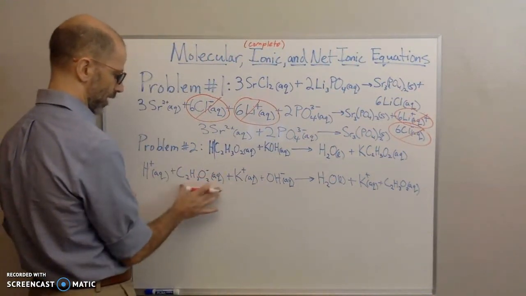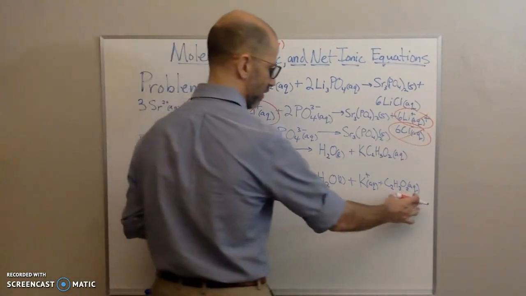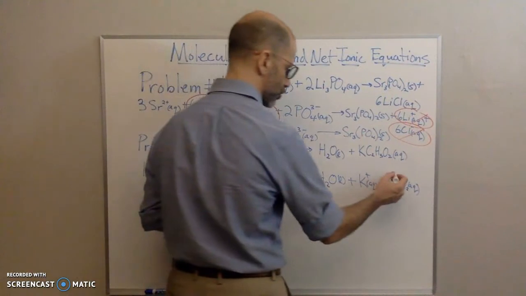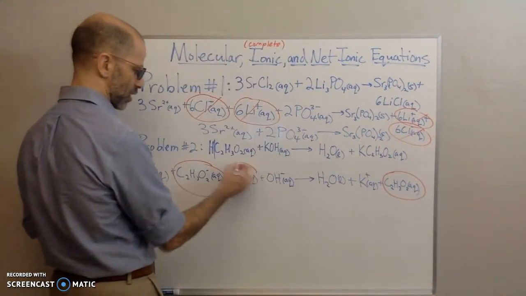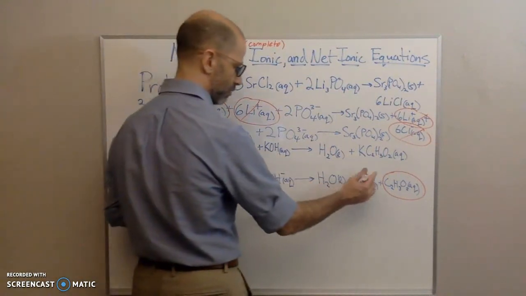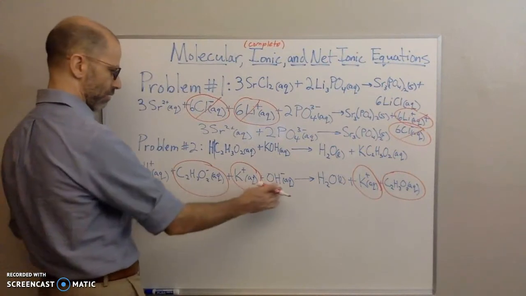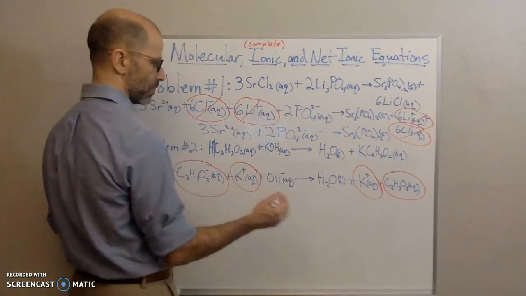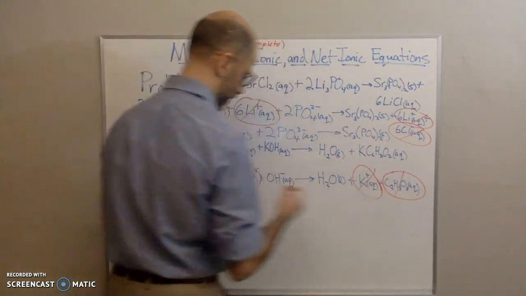So if we look at this one, we have acetate ion aqueous, and we still have acetate ion aqueous. So that is a spectator. So there's no change here, no difference. Here we have potassium aqueous, and here we have potassium aqueous, no change. And then here we have these two have disappeared and formed water. So we get rid of these guys because they're spectators.